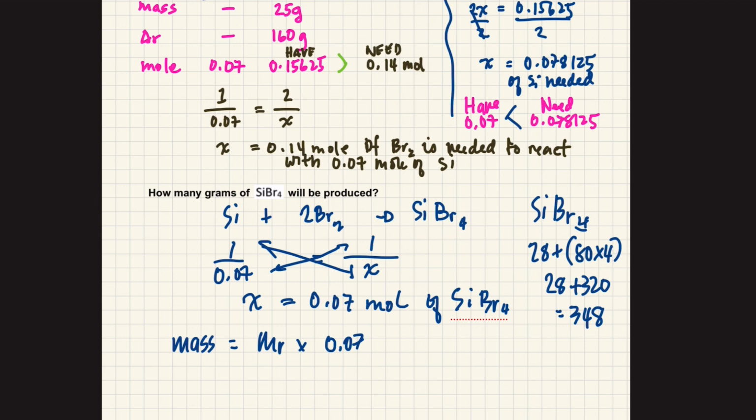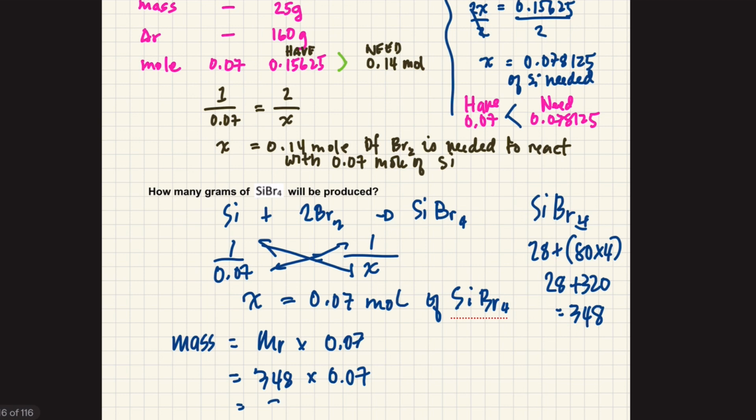So this is equal to 348 times 0.07, which will give us 24.36 grams. So that means in this reaction, with silicon as the limiting reagent, we are going to produce 24.36 grams of silicon tetrabromide.